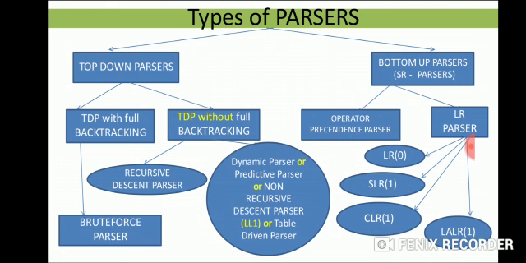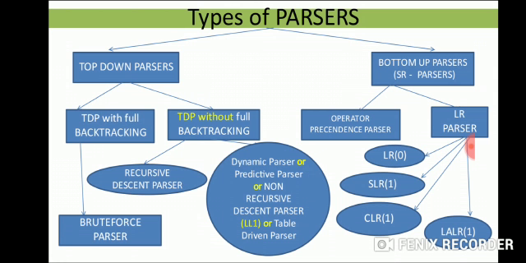Top down parser with full backtracking is also called brute force parser, whereas top down parser without full backtracking is further categorized into two: recursive descent parser and non-recursive descent parser.